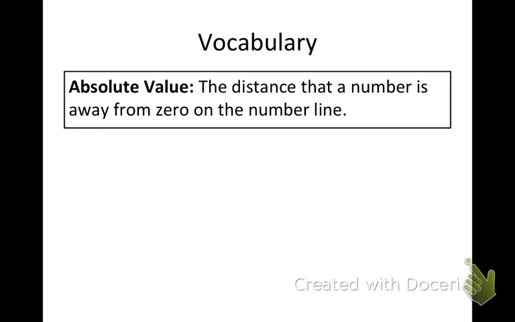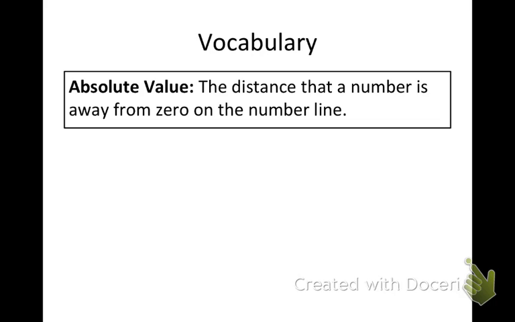So if we're talking about distance, can distance ever be negative? Never. Unless in the future we can go back in time and go backwards. But that's not happening right now. Okay? So, no matter if you're going in the negative direction of your number line or whether you're going in the positive direction of your number line, your distance is always going to be positive.